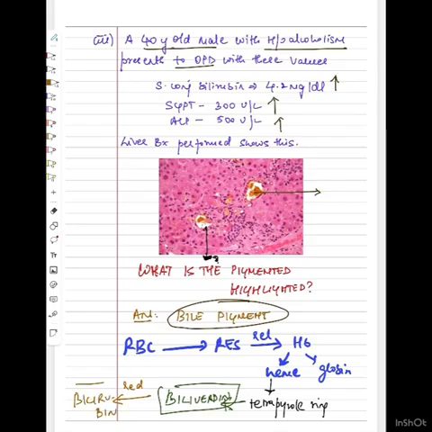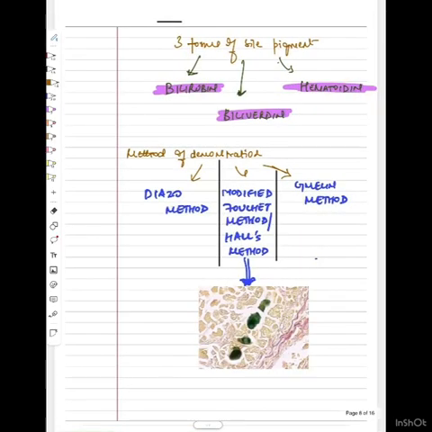And this is bilirubin, which is highlighted over here. So biliverdin, like we said before, is green in color. Bilirubin is yellow in color. And what is hematoidin?